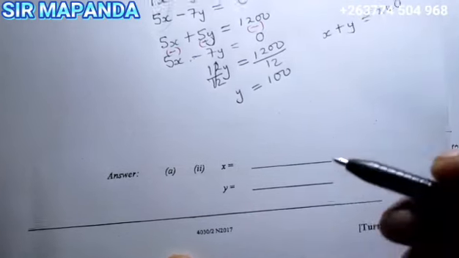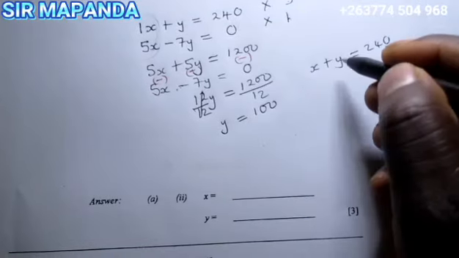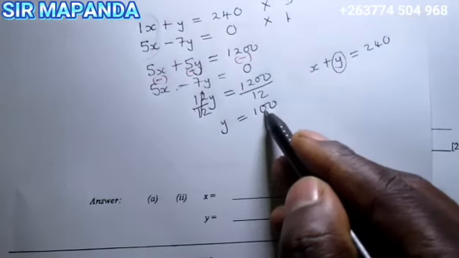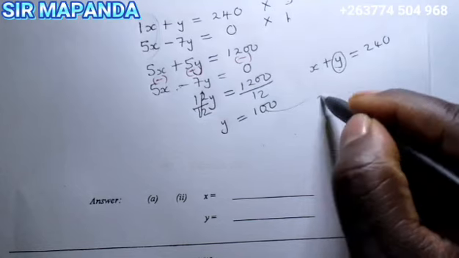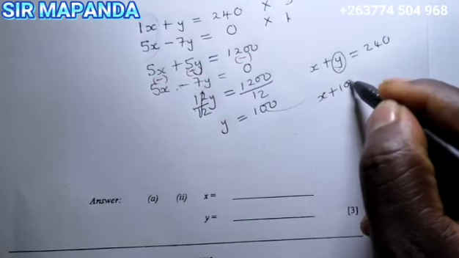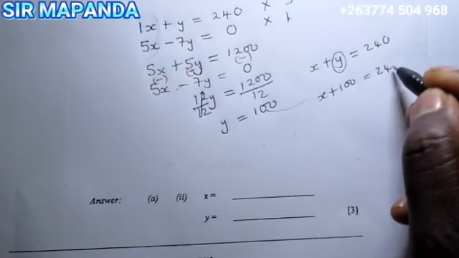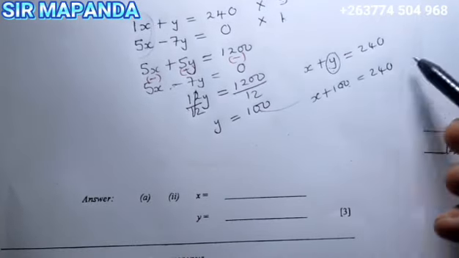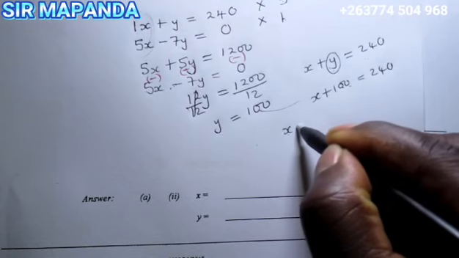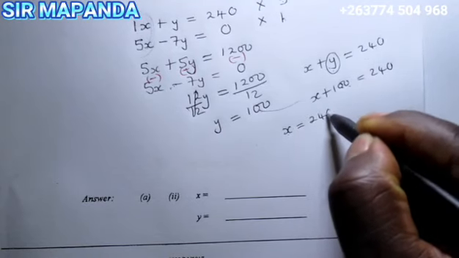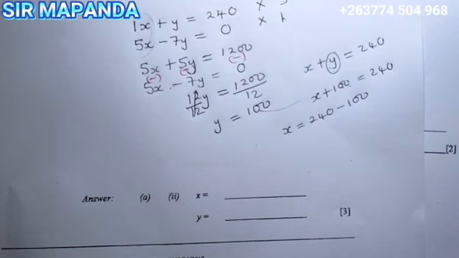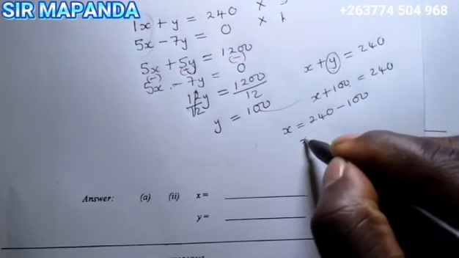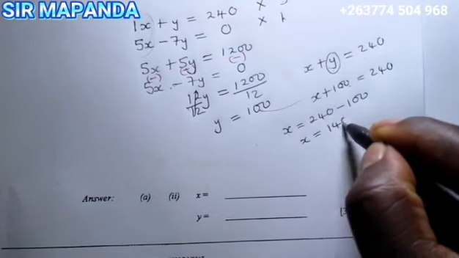To find the value of x, you have to put 100 in for y. So it becomes x plus 100 equals 240. Then shift 100 to the right side. You get x equals 240 minus 100, which gives you x equals 140 degrees.